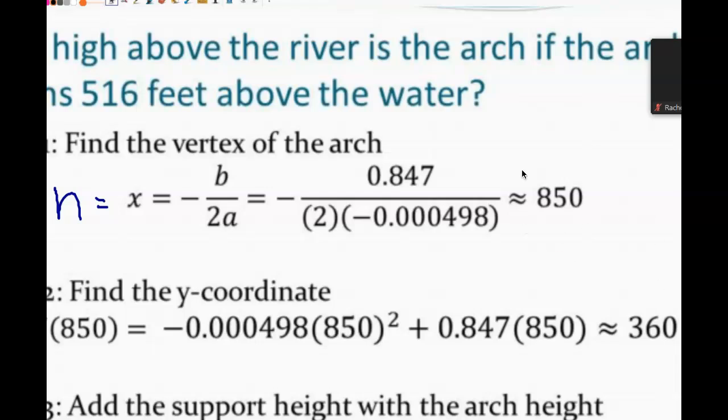And then that 850 times 2 would be when the object hits the ground again. So that 850 could kind of represent your time if you're talking about a trajectory of an object. So again, if you're in physics, this should seem a little familiar.